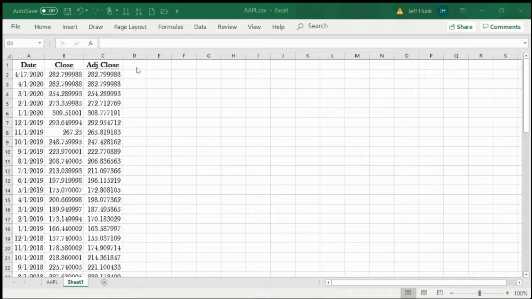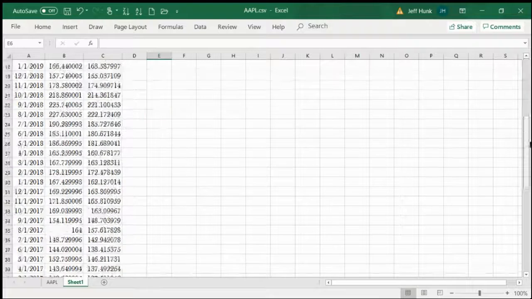Adjusted close is basically the price adjusted for stock splits and dividends. Okay, we're almost out of time, so I'm going to have to explain the difference in the next class.